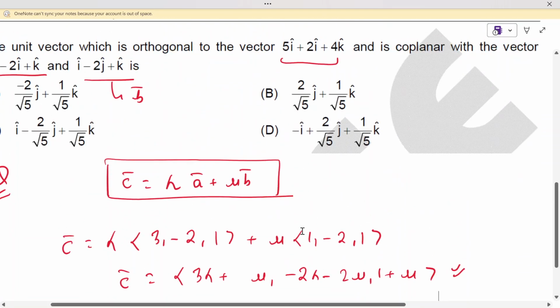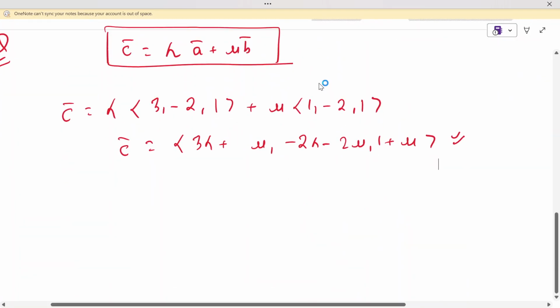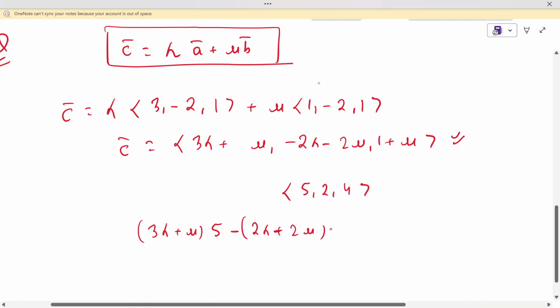Now it is orthogonal to the vector (5, 2, 4), so the dot product with (5, 2, 4) will be 0. So (3 lambda plus mu) into 5, plus (minus 2 lambda minus 2 mu) into 2, plus 4 into (lambda plus mu), is equal to 0.